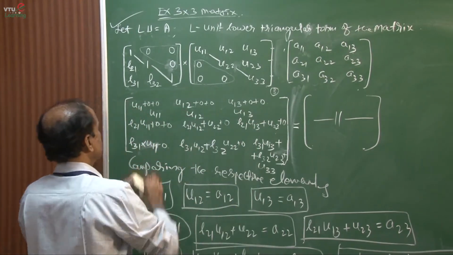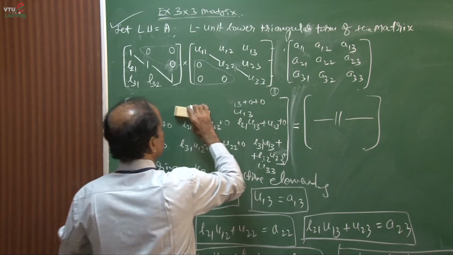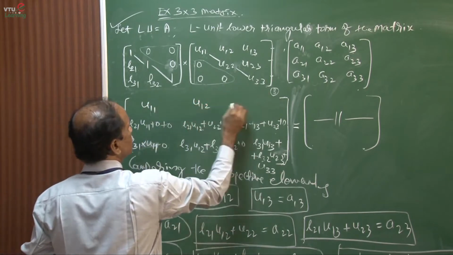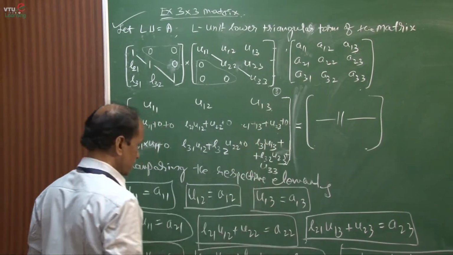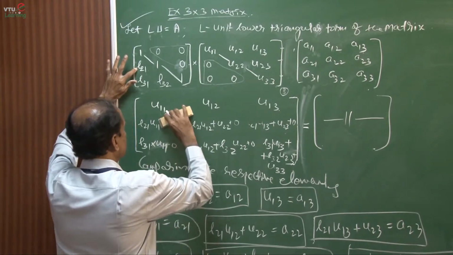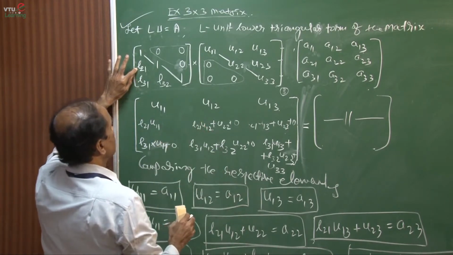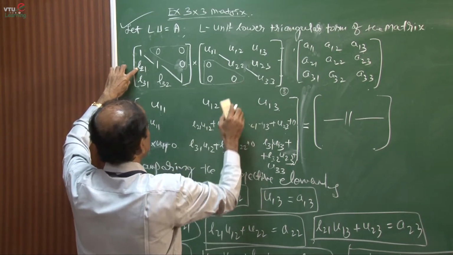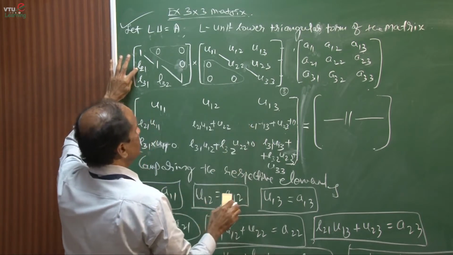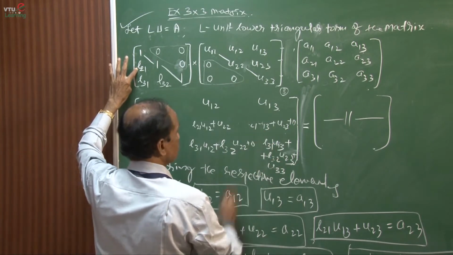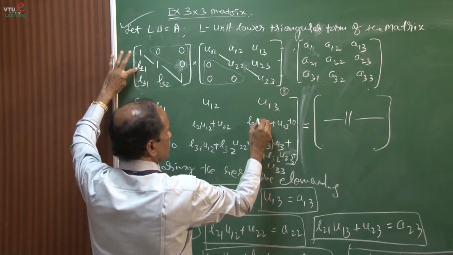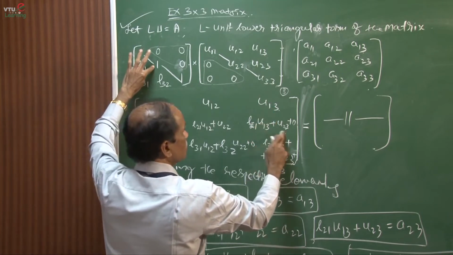Then the second row: L21 with U11, and the zeros you can ignore, L21 with U12, and with the third column, L21 with U13 and 1 into U23.